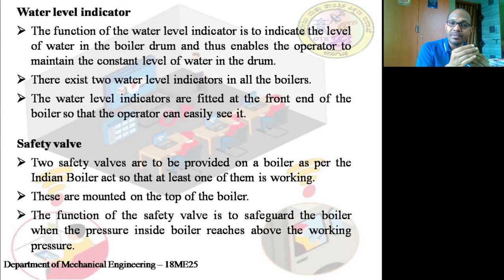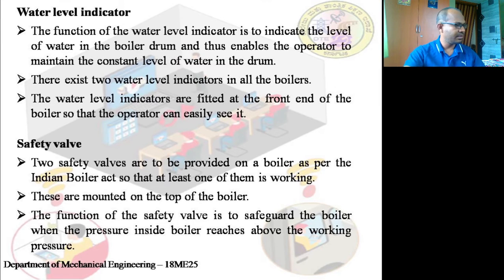If the pressure of the steam exceeds the limit, for example, a Babcock and Wilcox boiler works up to 125 kilopascals, there may be a bursting or blasting of the drum. That leads to a lot of damage. So obviously a constant water level, the water height, has to be maintained inside the drum, and that can be monitored by water level indicators.